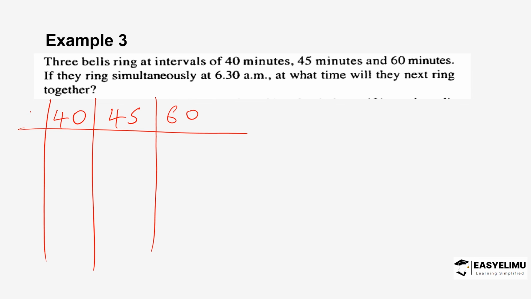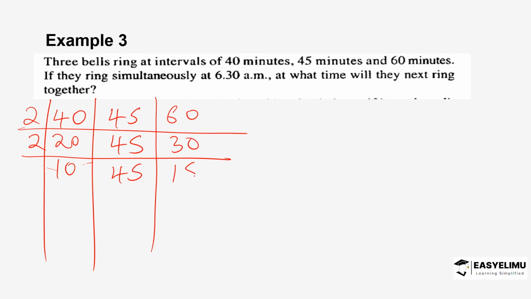So just find the LCM: 2, 20, 45 not divisible, 30. 2 again, 10, 45 not divisible, 15. 2 again, 5, 45 not divisible, 15 also not divisible by 2.